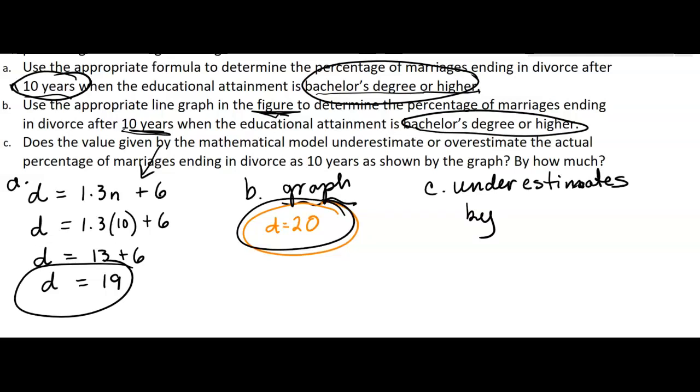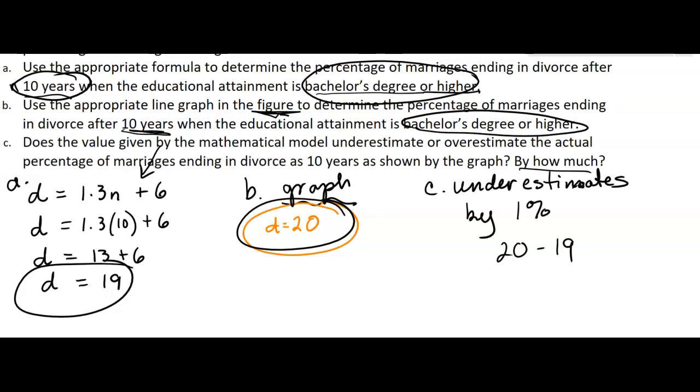So what's the difference between 20 and 19? It underestimates by 1%. And it says, does it underestimate or overestimate, and by how much? Now, that might not be the same if you were to go 15 years.